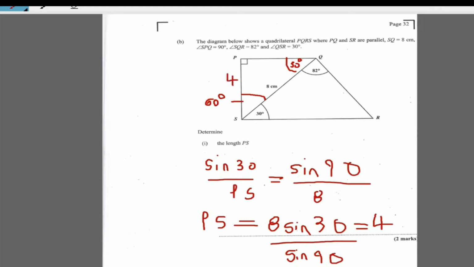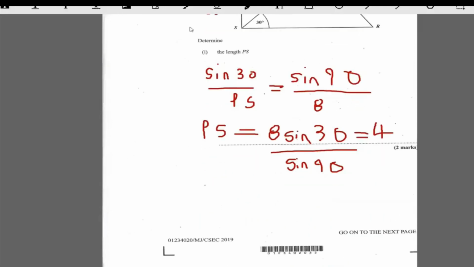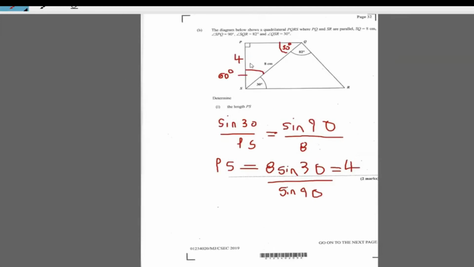That's one way to do it. Another way to do it is using the regular boring trig ratios method. Since we know this angle is 60, you could call this the adjacent.